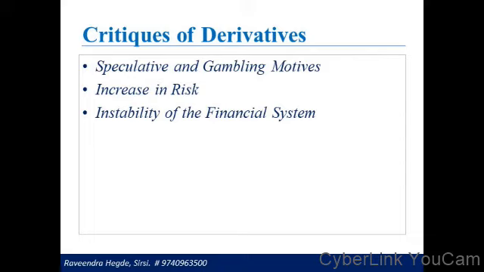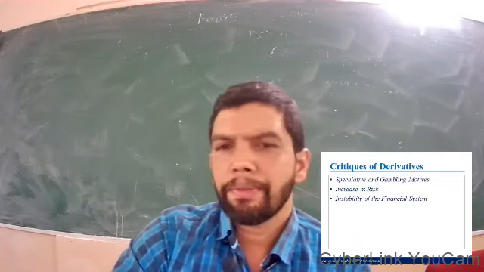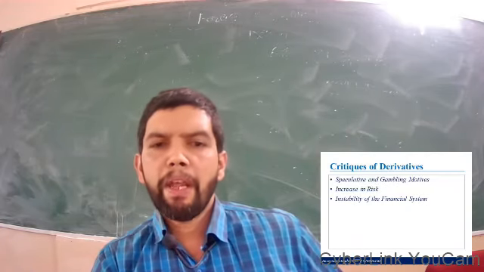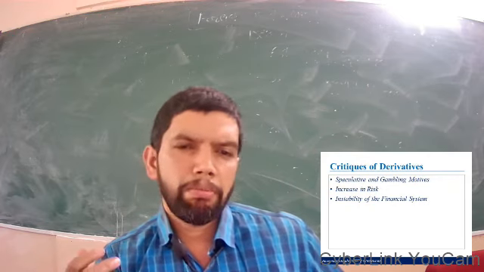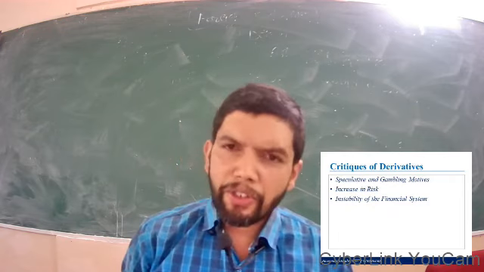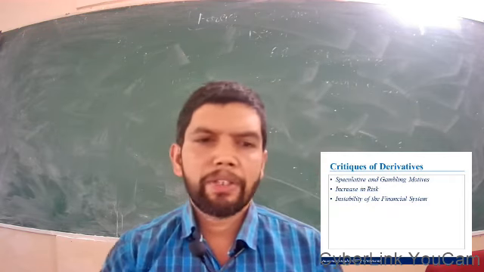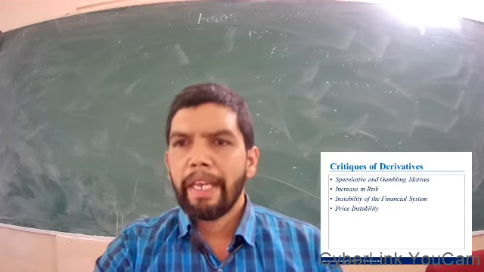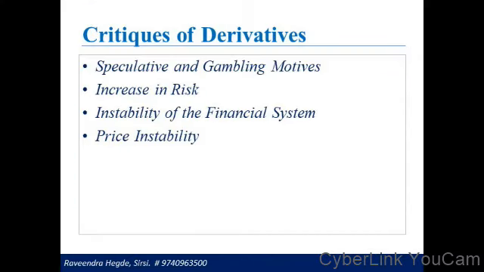Friends, the malpractices, disparate behavior and fraud by the users of derivatives have threatened the stability of the financial markets and the financial system. Next critic is price instability. The derivatives may be helpful in price stabilization only if there exists a properly organized, competitive, and well regulated market.